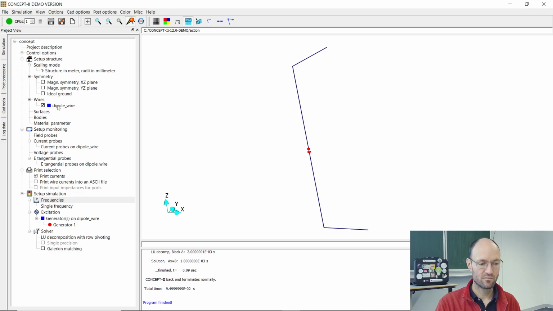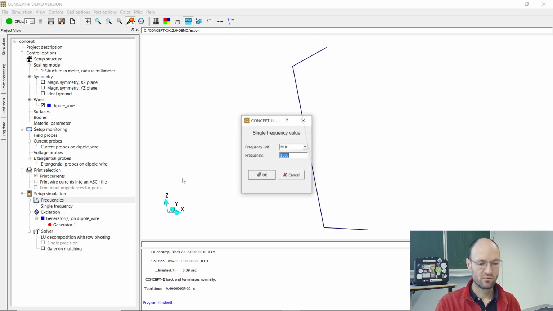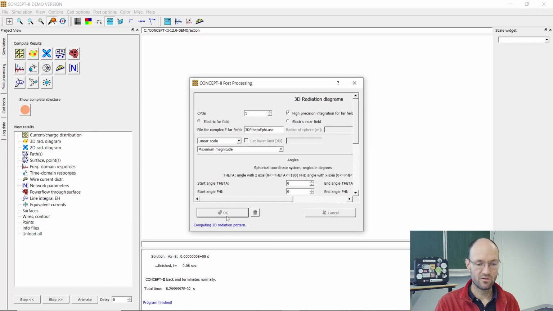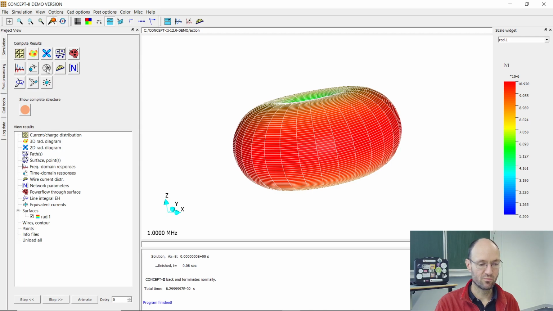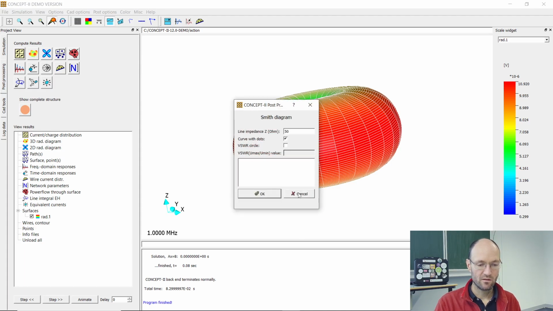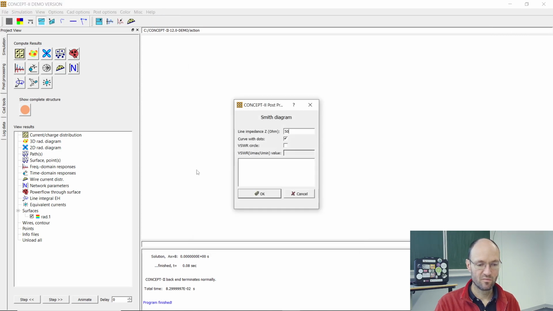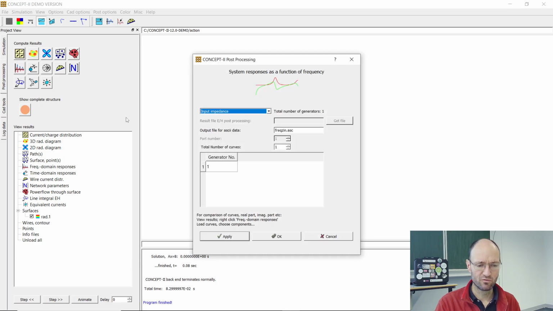Let's maybe go back to the original frequency of 1 megahertz and simulate. And so now our radiation pattern is just the one of a dipole. So now if we check this Smith chart function, oh, I don't think that this is useful, but here we have some input impedance of our generator.